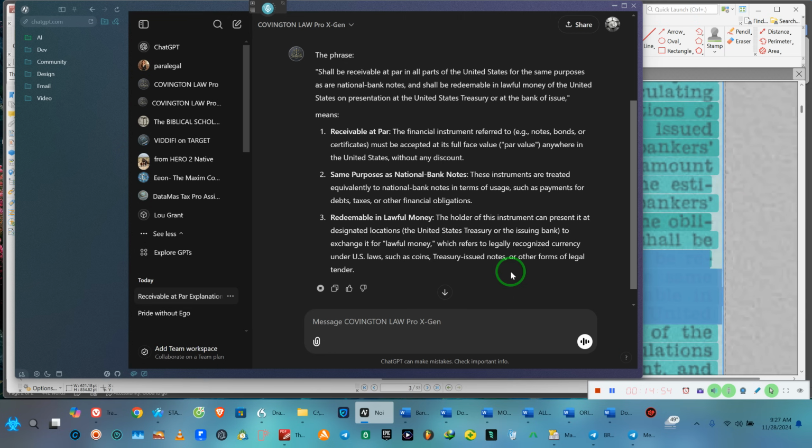Same purposes as national bank notes. These instruments are treated equivalently to national bank notes in terms of usage, such as payments for debts, taxes, or other financial obligations. 3. Redeemable in lawful money. The holder of this instrument can present it at designated locations, the United States Treasury or the issuing bank, to exchange it for lawful money, which refers to legally recognized currency under U.S. laws, such as coins, Treasury issued notes, or other forms of legal tender.